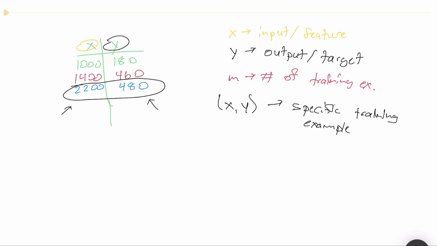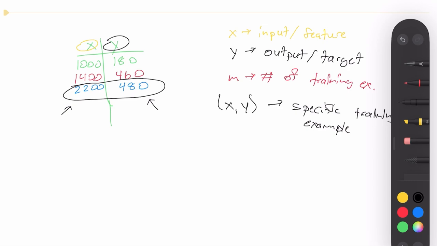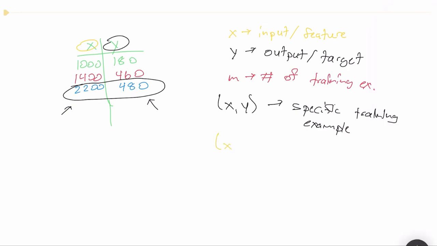And to access a specific training example, we will use the notation (x superscript i, y superscript i). So for example, this training example right here is our third training example, because we'll say this is 1, 2, and 3. So we would represent this as (x superscript 3, y superscript 3).